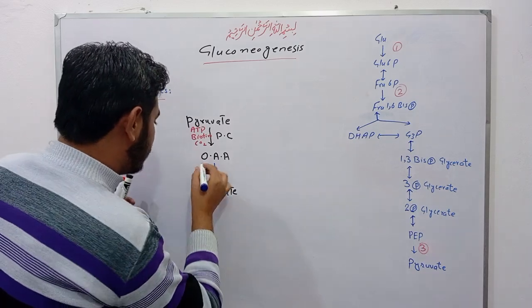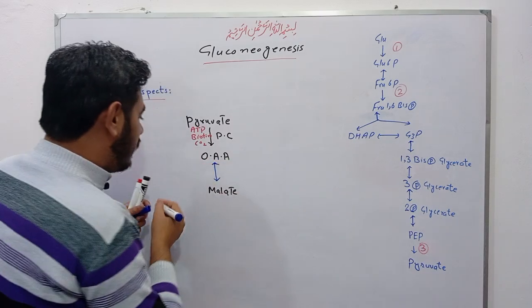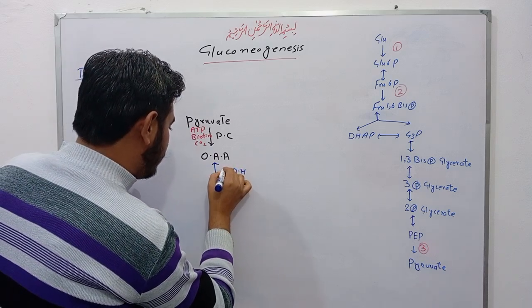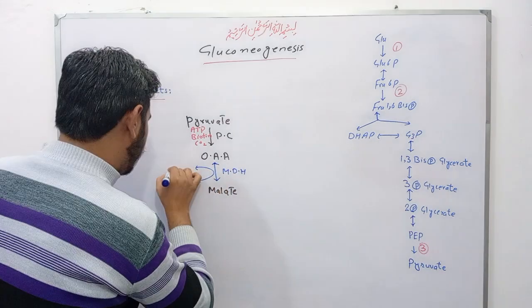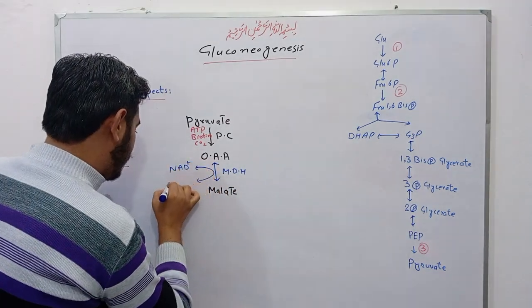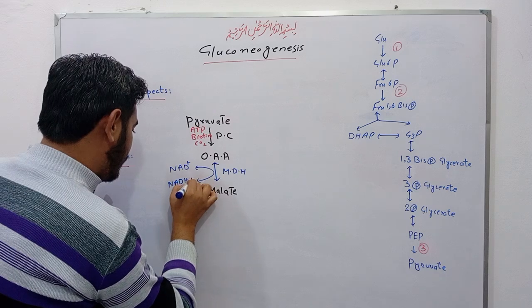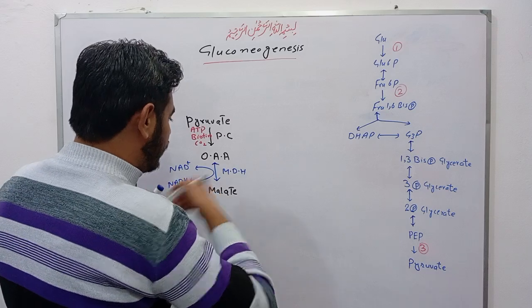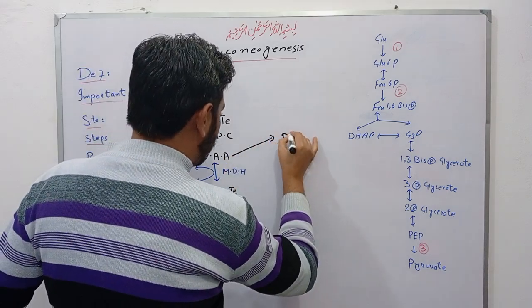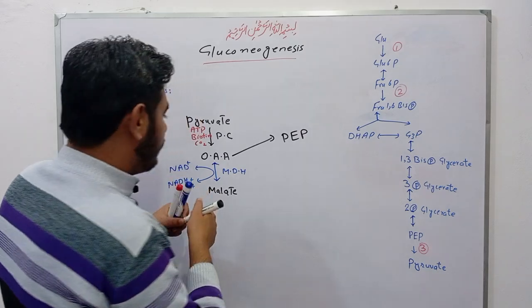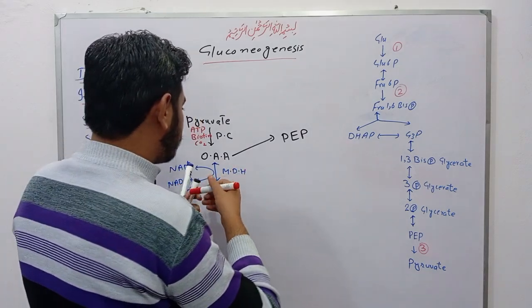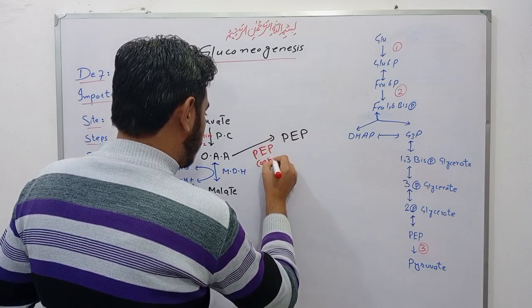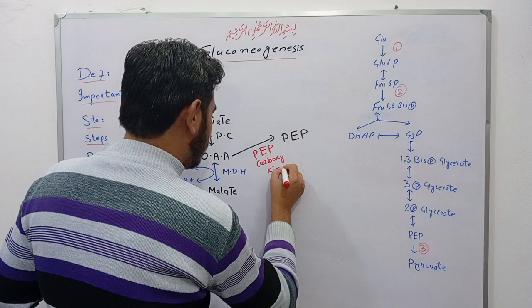In the cytosol it converts into oxaloacetic acid. The enzyme required is malate dehydrogenase enzyme. Then oxaloacetic acid in the cytosol converts into phosphoenolpyruvate with the help of phosphoenolpyruvate carboxykinase enzyme.